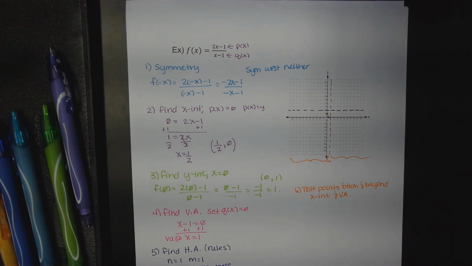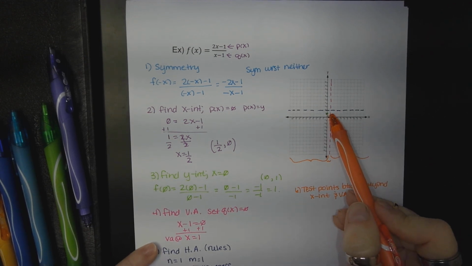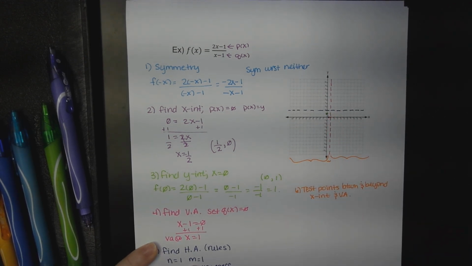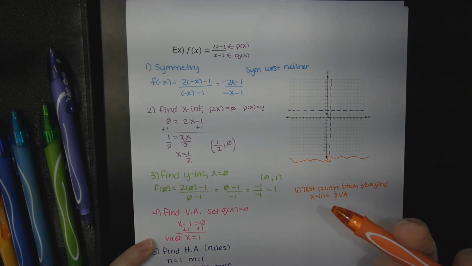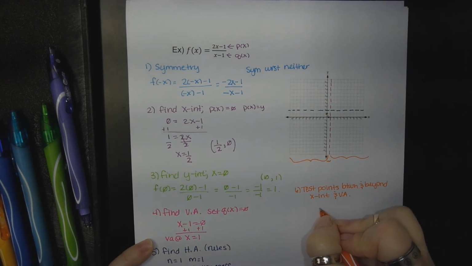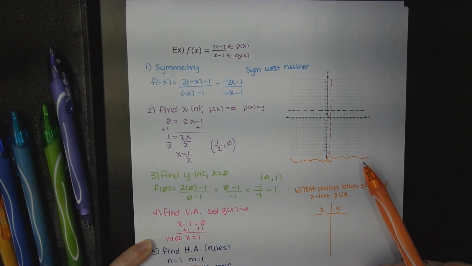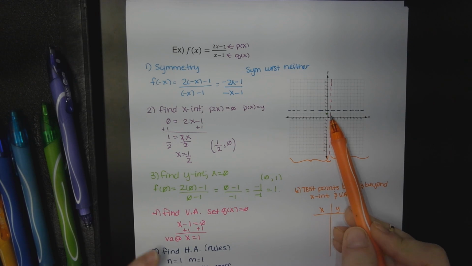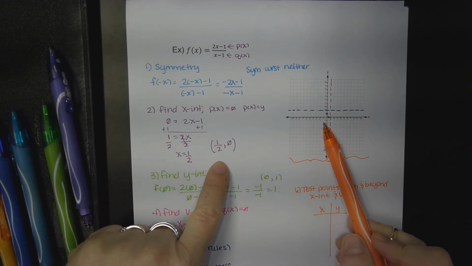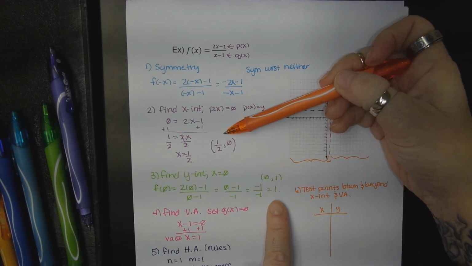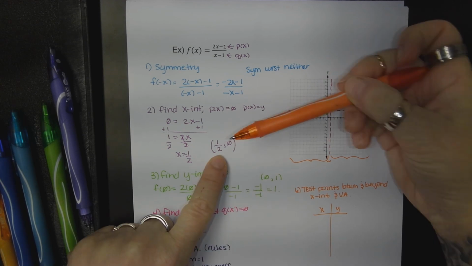Okay. So when we pick one over here, let's do an XY table. That's how I did it last time, it's so much easier that way. So to pick past our x-intercept and our VA, we want to pick one past 1/2.